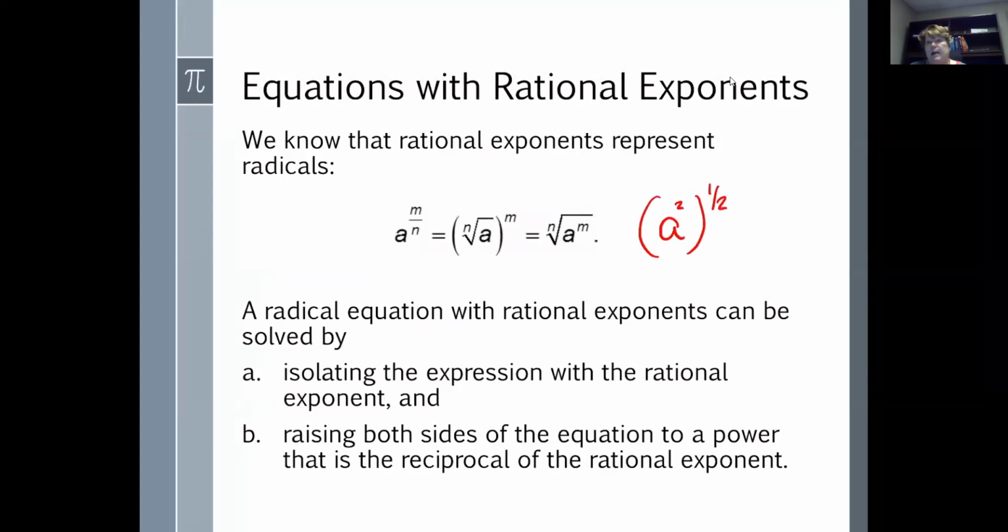By the laws of exponents, when we raise a power to a power, we multiply the two exponents together. So this is a to the 2 times 1/2, which is a to the first power, or a. So when we multiply a power by the reciprocal of that power, we get 1.